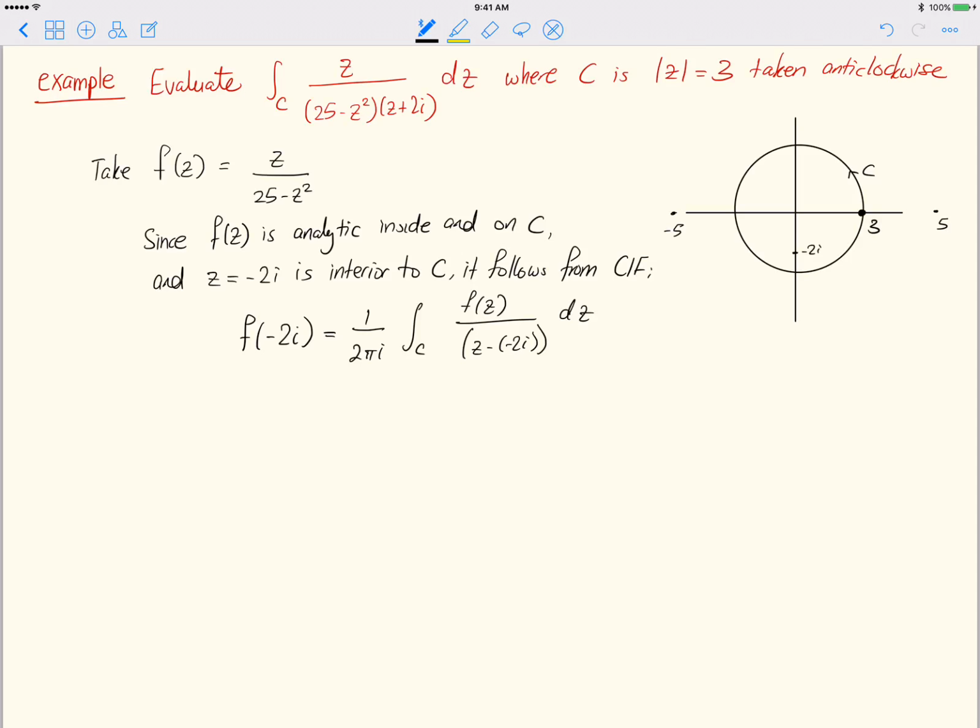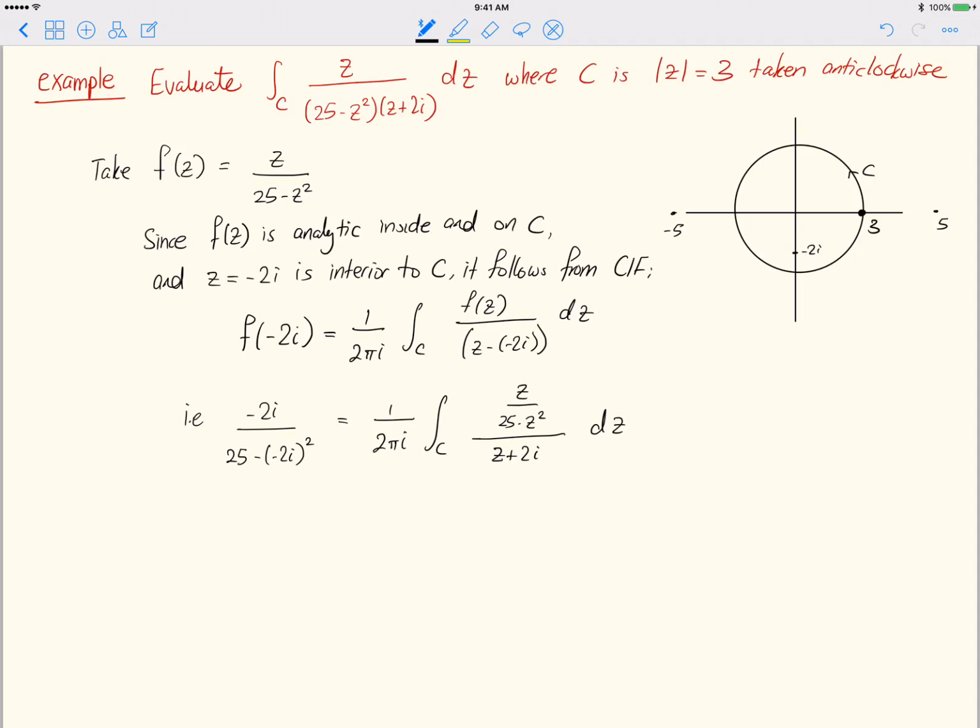Now if I plug in what I know, f of negative 2i is going to be negative 2i on 25 minus 2i squared. What am I going to get on the right? Well, f of z is this fraction, and you want to divide that fraction by z plus 2i, because a negative makes a positive.